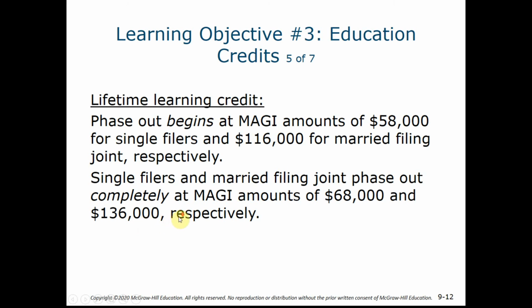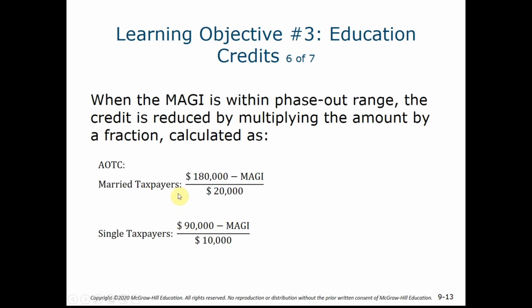to those taxpayers. So in terms of formulas, this is what the formula looks like. Here are the ranges I mentioned earlier. $20,000 range for the phase out, for the AOTC, American Opportunity Tax Credit, and for the single it's $90,000 minus the MAGI, and then divide that by the $10,000 range.